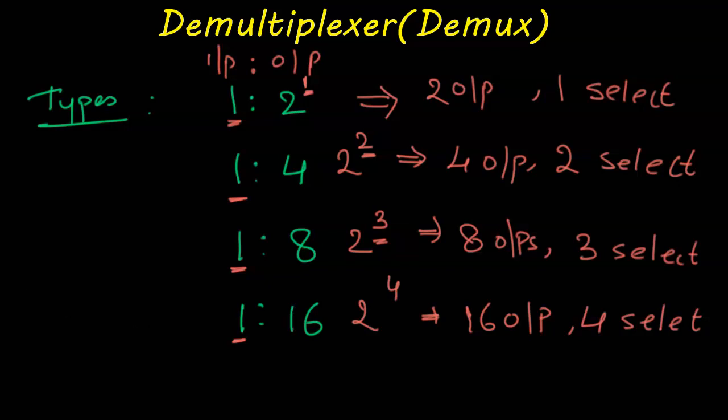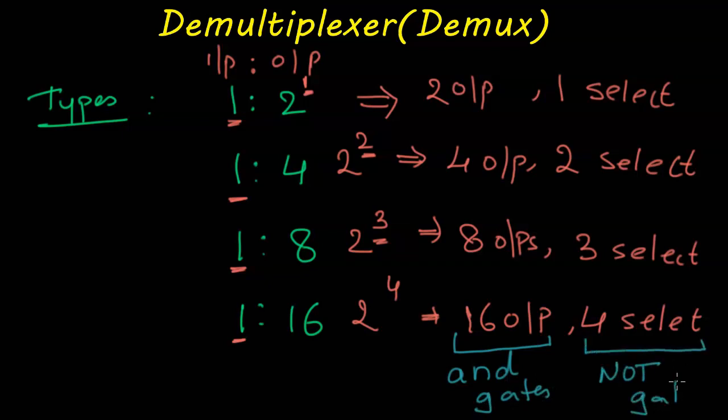From this information, we can see that when drawing a circuit diagram for a demultiplexer using a number of AND gates and NOT gates, the number of outputs is the number of AND gates, and the number of select lines is the number of NOT gates that we use for designing the circuit.